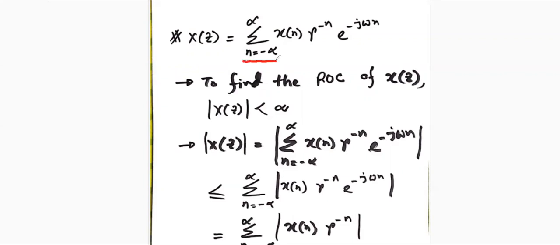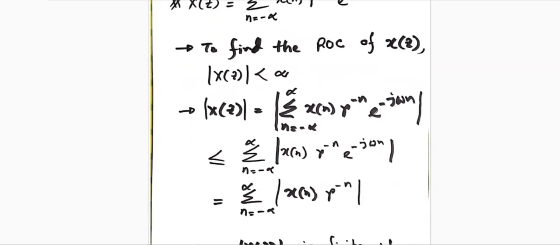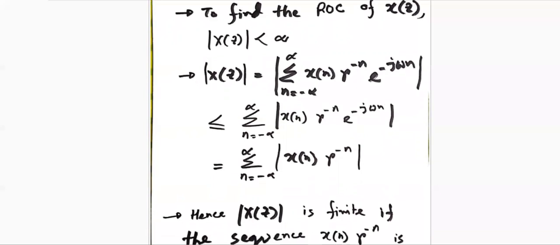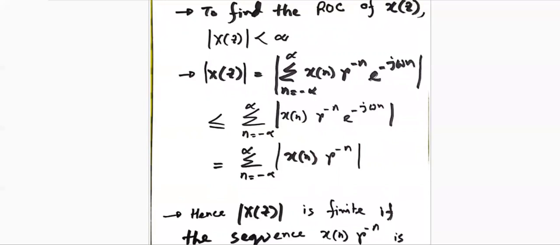Because you have n from minus infinity to plus infinity. As we already know, for the Z transform, of course, the magnitude of the Z should be less than infinity. That is the concept of any sort of mathematical function. If that is not summable, you can't do the mathematical processing.